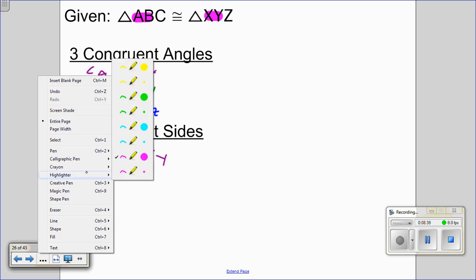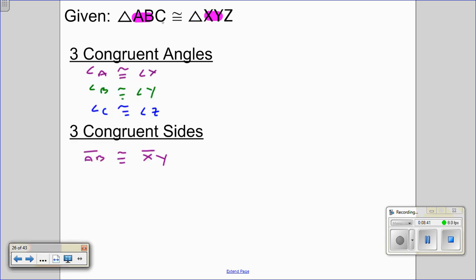That means the next pair, BC, is congruent to YZ.